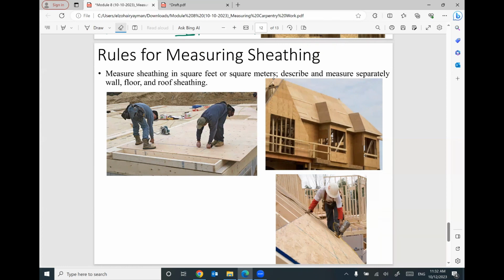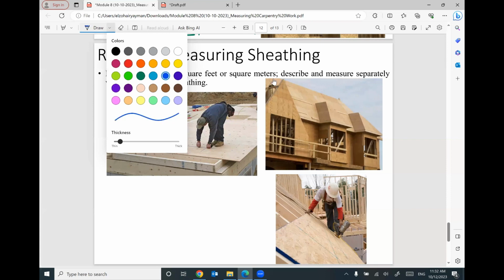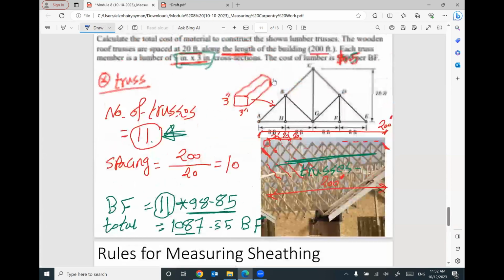I do recommend you pay more attention to this example for truss, because you should expect one like this in your coming exam. And make sure a 3 by 3 cross section is used for all members.